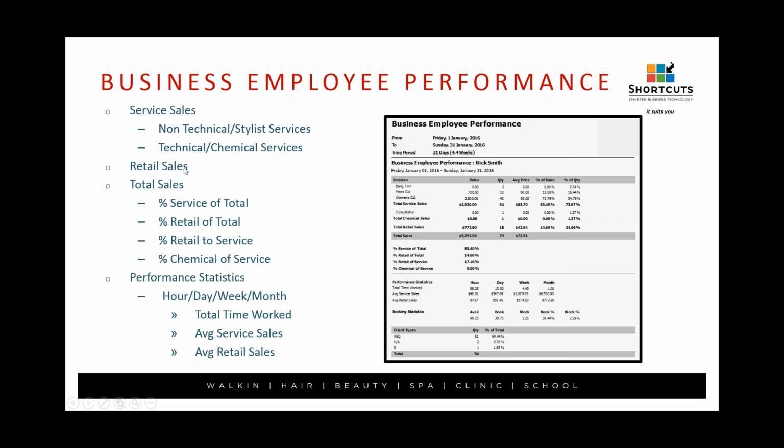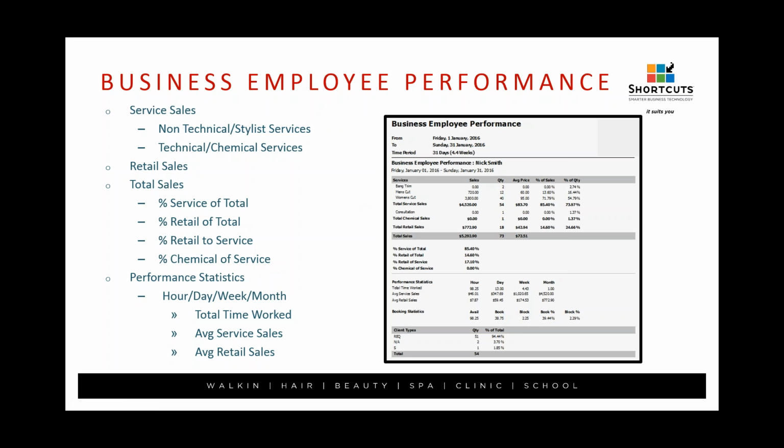It'll show us the retail sales, our total sales, percentage service of the total, the percentage that the retail was of the total, your retail to service percentage for that particular employee, and the chemical to service percentage for that particular employee.